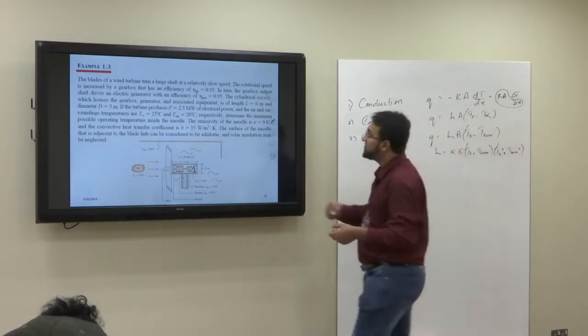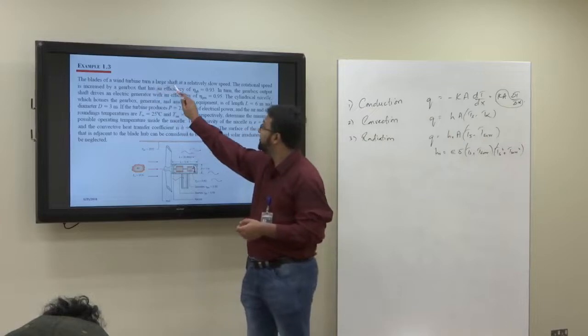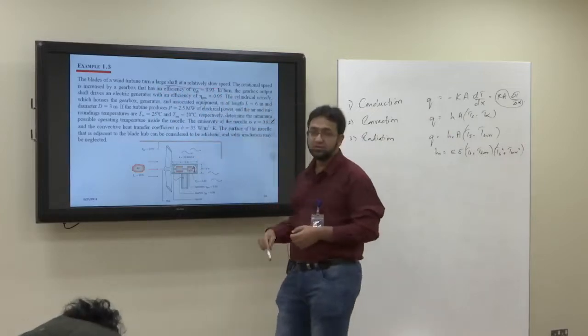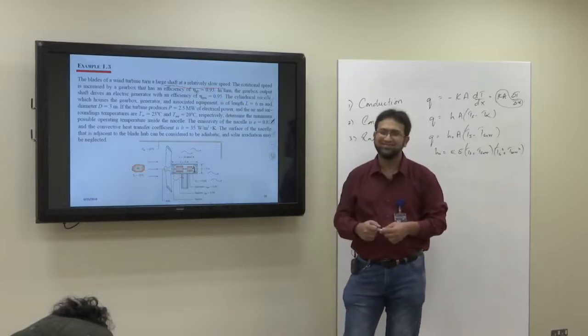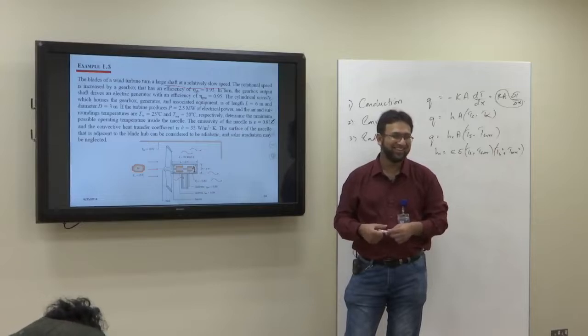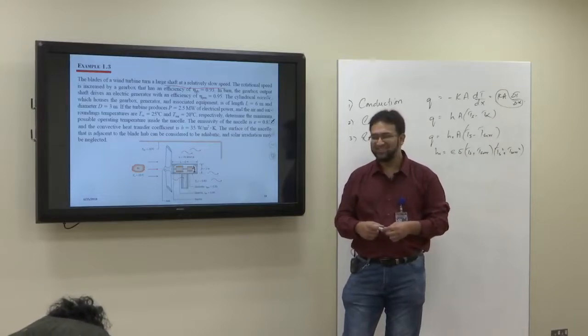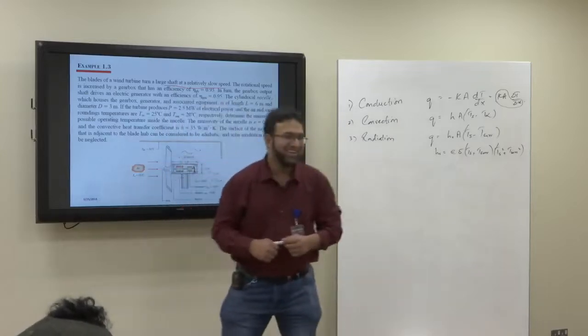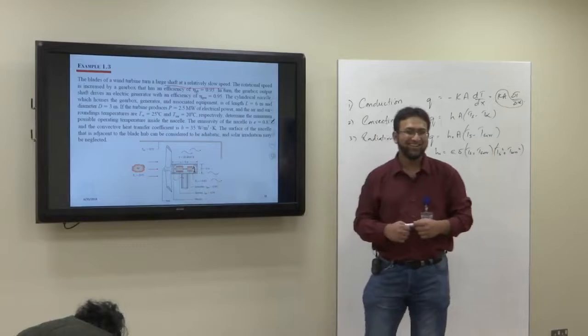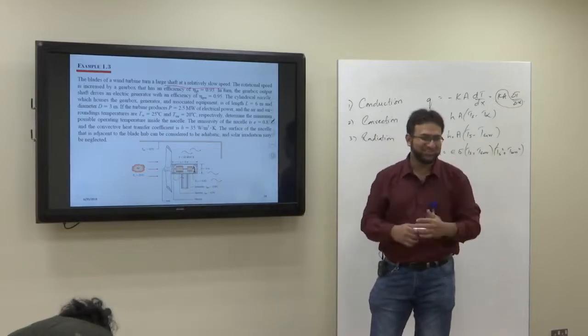The blades of a wind turbine turn a large shaft at a relatively slow speed. What's a shaft? You studied mechanical subjects. If you don't know shaft, we don't know how to explain. Okay, explain in your own words.